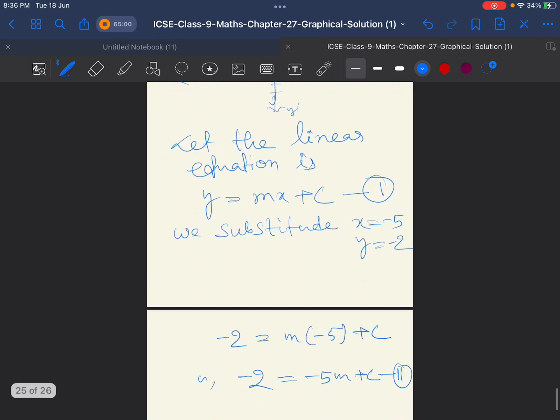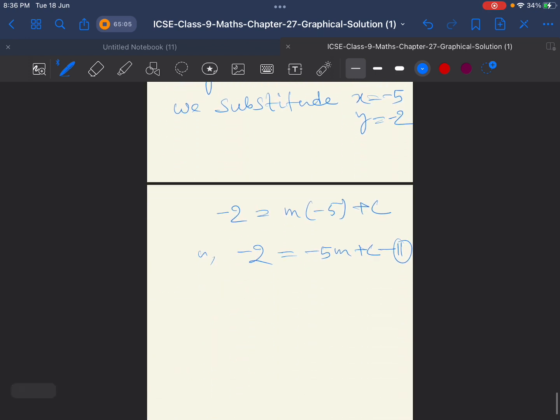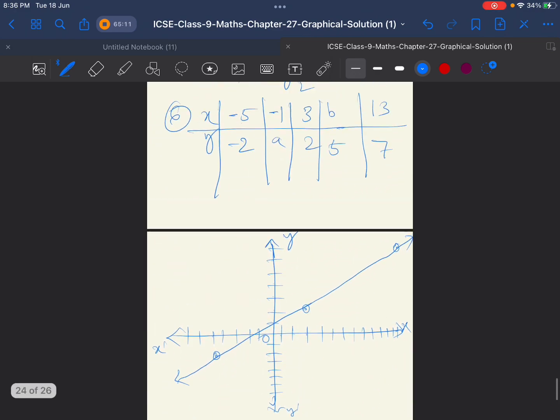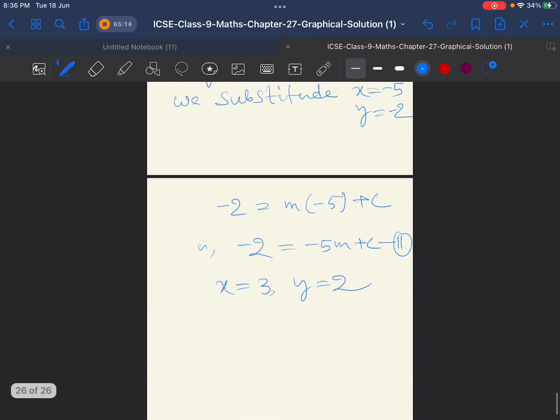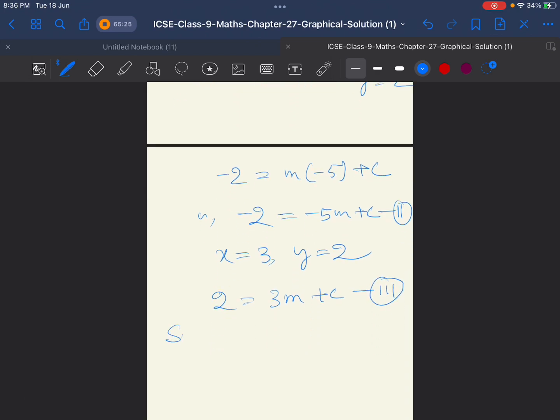This is the second equation. Now we substitute the point x equals 3 and y equals 2 in the equation: 2 equals 3m plus c. This is equation 3.